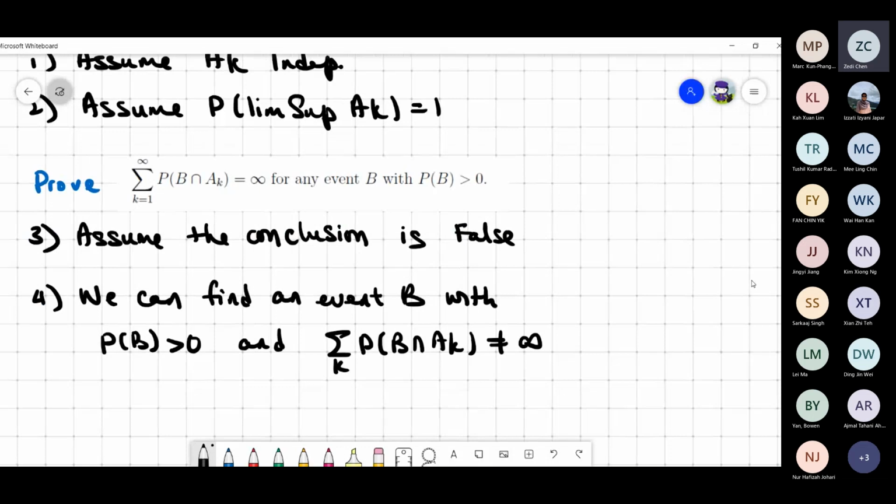All right, so I think the logic is quite straightforward, right? This is infinity for any event B, so this is the conclusion. If we assume the conclusion is false, that means we can always get an event whereby this is not infinity. Okay, so this is the simple logic.